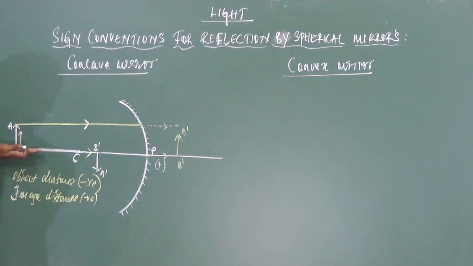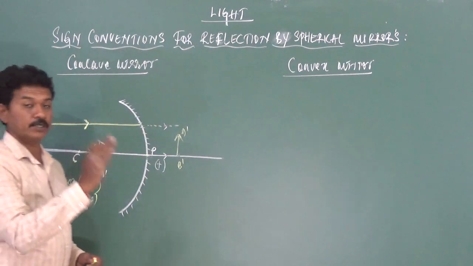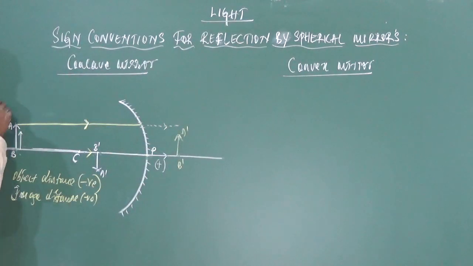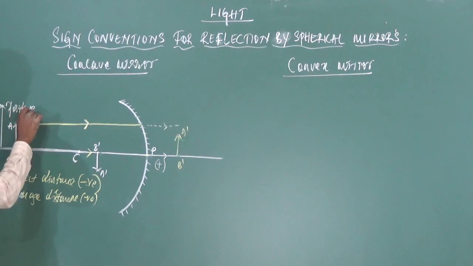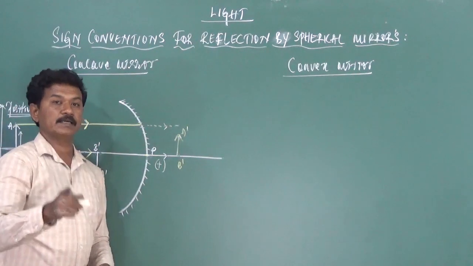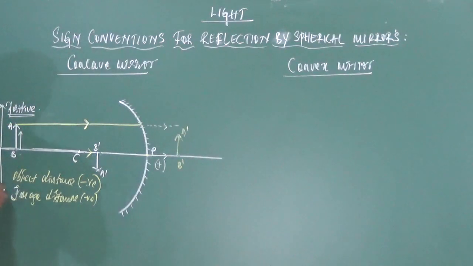If you measure anything above the principal axis, that will be positive. Remember this. So naturally, below the principal axis, whatever you measure should be taken as negative.